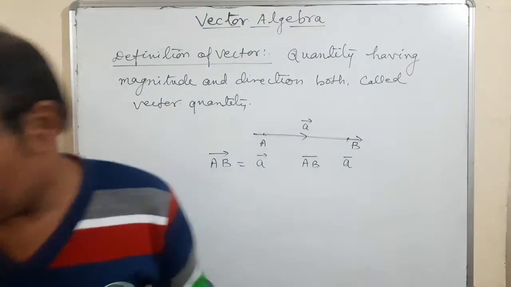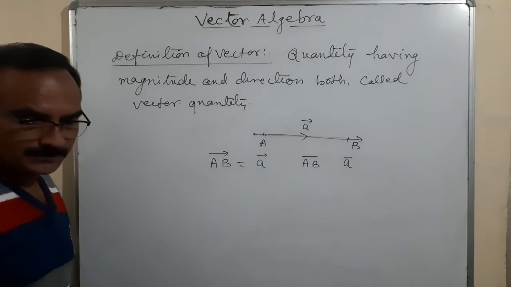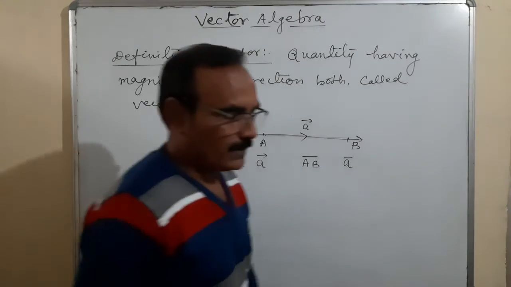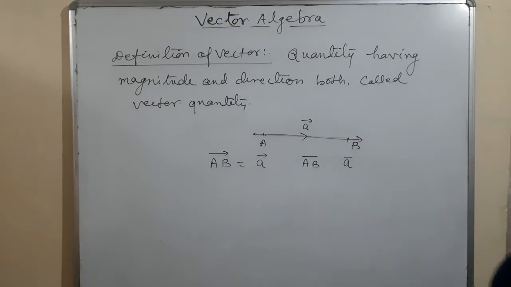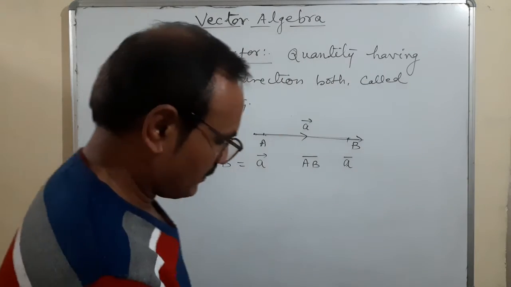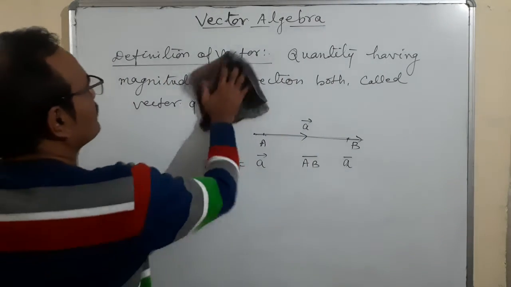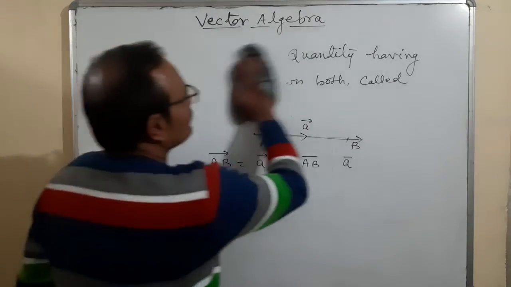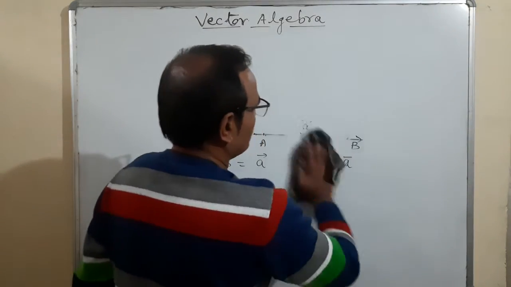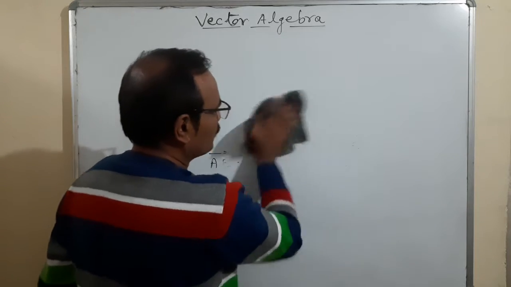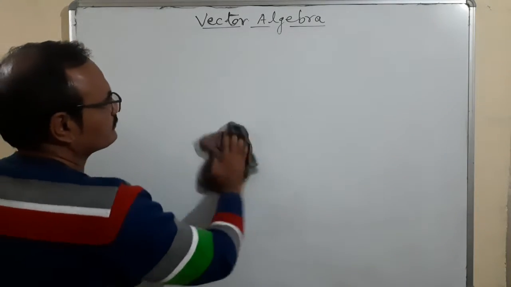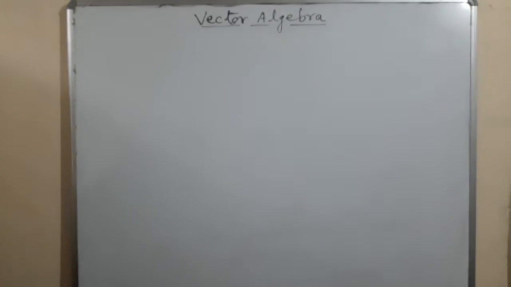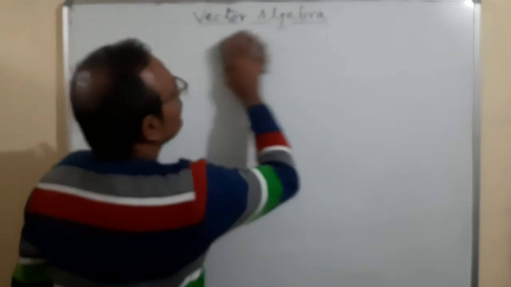Next term is coming, that is position vector. In class 11th, let me remind you, you have studied about the position vector. What are the position vectors? We are talking about a cuboidal shape.